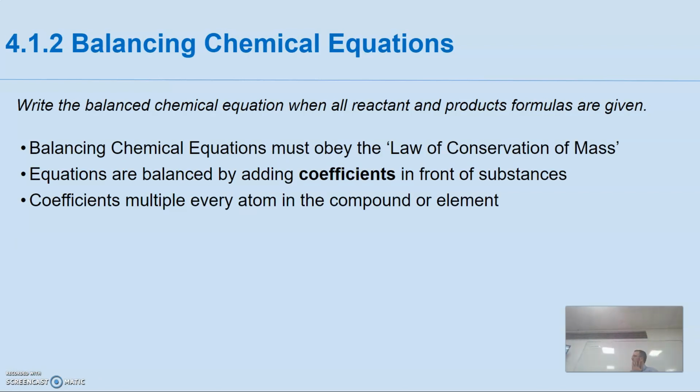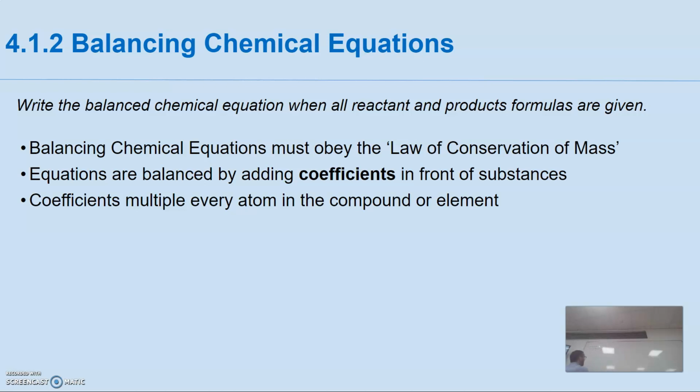Balancing chemical equations. You may have done some of this before, and your replacement teacher said that you had started to work on this. So we balance chemical equations by changing the coefficient, the number in front of the chemical species. We do not change the subscripts. One reason for that is if we change the subscript, we actually change the substance.